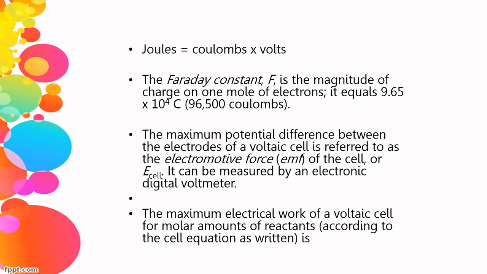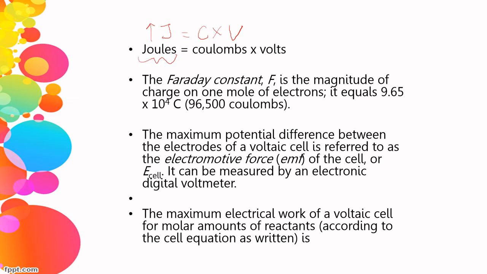Gibbs free energy is normally represented by the SI unit joule, J, which equals coulombs times volts. A constant usually associated with this formula is the Faraday constant, which is the magnitude of charge on 1 mole of electrons, equal to 9.65 times 10 to the power of 4 coulombs.